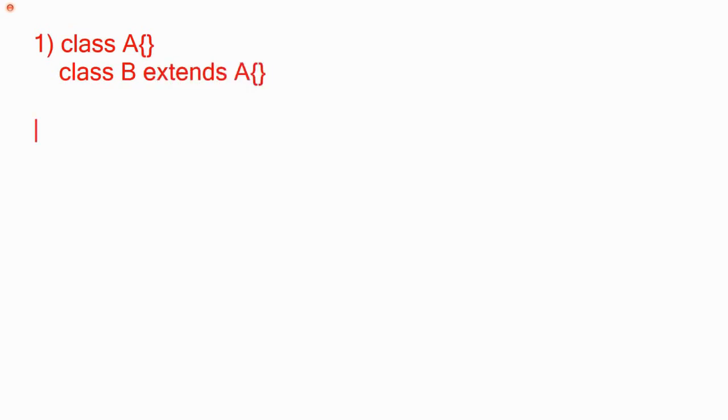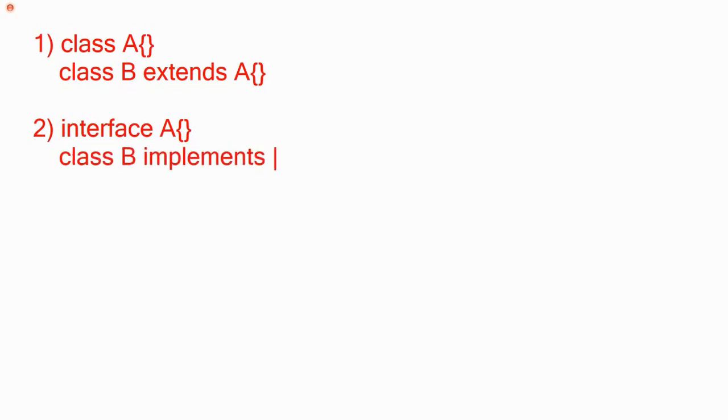Extends. Interface A, class B. Which keyword will you write? Implements, because an interface contains abstract methods. Those you must override. You must implement. That's why implements.